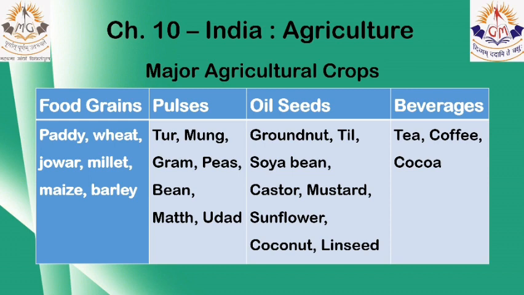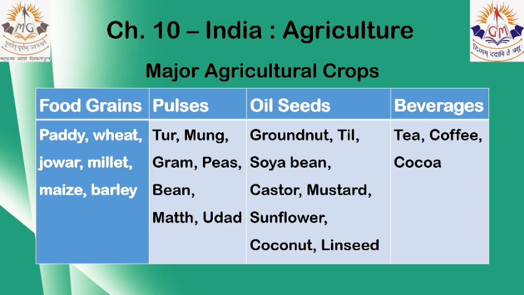Then we have cash crops, condiments, fruits, vegetables. So these are the major agricultural crops of India. I am repeating again: food grains, pulses, oilseeds, beverages, cash crops, condiments, fruits, vegetables.